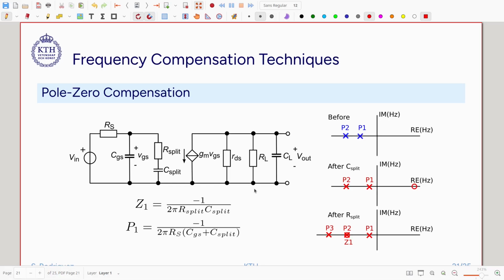On the other hand, when we do this, we don't have the capacitance multiplication, the Miller capacitance, so that moves the pole very quickly to a lower frequency.